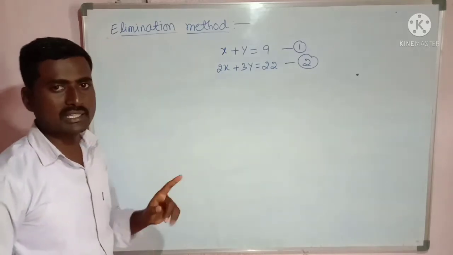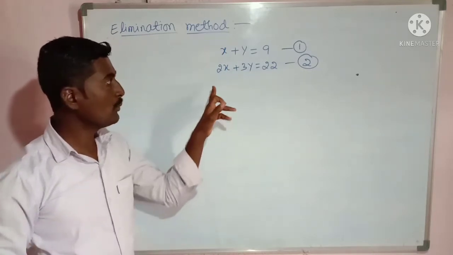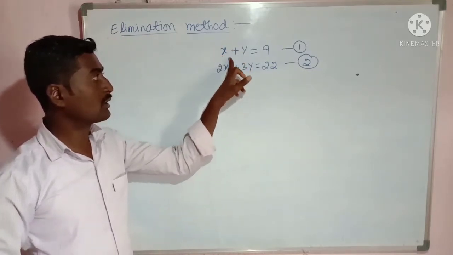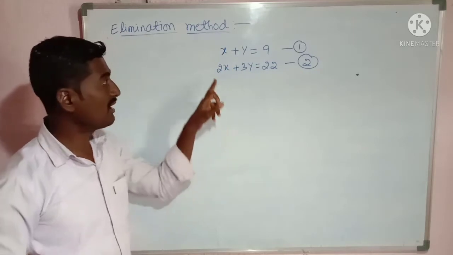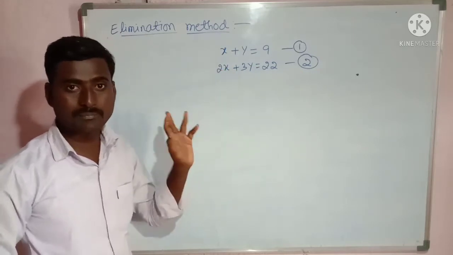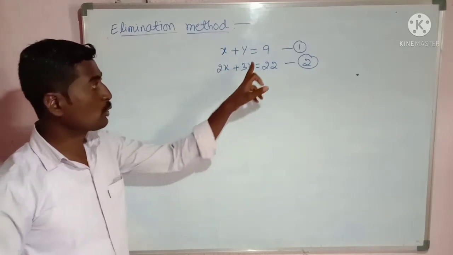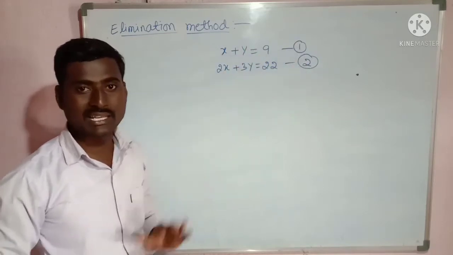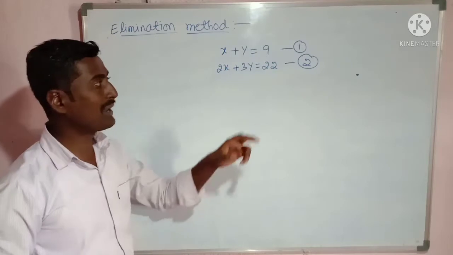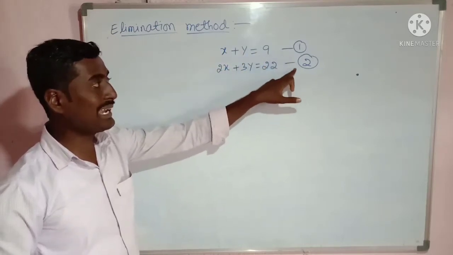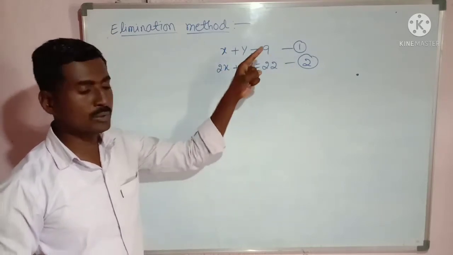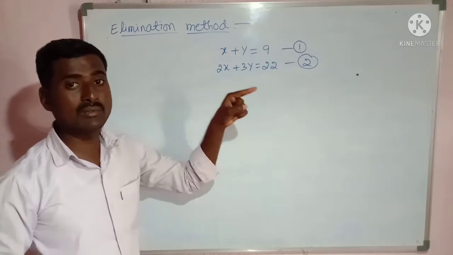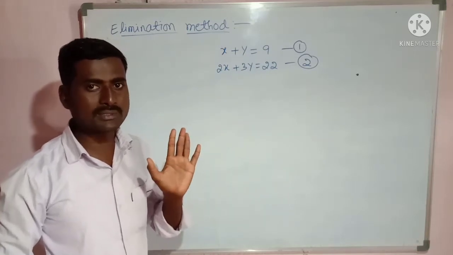For this method, the first step is we have to make the coefficient of x of two equations the same, or the coefficients of y of two equations the same, by multiplying any number to the equation number 1 or to the equation number 2. Are you getting what I am saying?